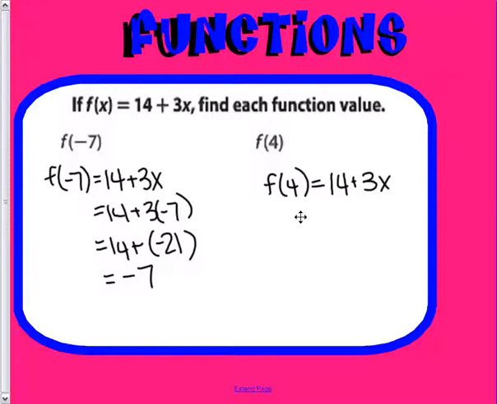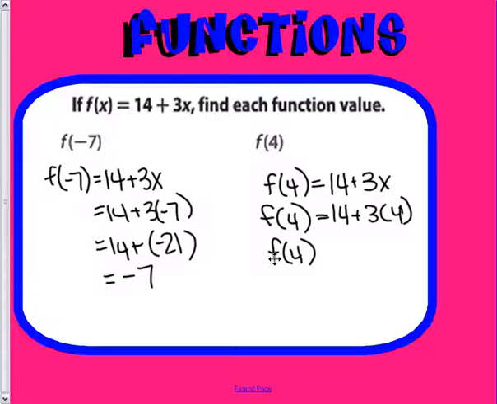Okay, so if we do this one, we get 14 plus 3 times 4, which is 12 plus 14, which would be a positive 26. So f of 4, the function of 4, is 26.